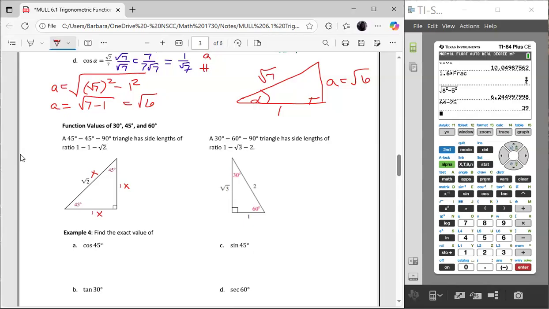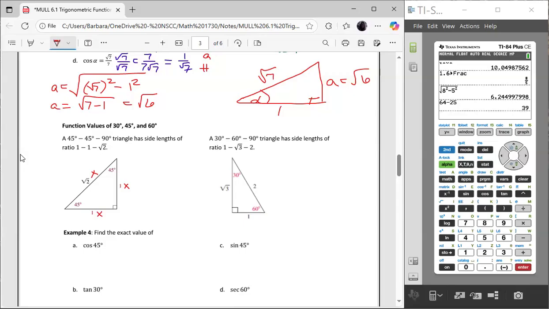In the 30, 60, 90 degree triangle, the ratio of the sides would be 1, square root of 3, 2, where 1 is across from the 30 degree angle, square root of 3 is across from the 60 degree angle, and the largest side is across from the right angle, the hypotenuse, that's 2.